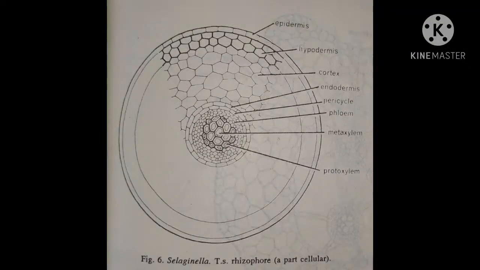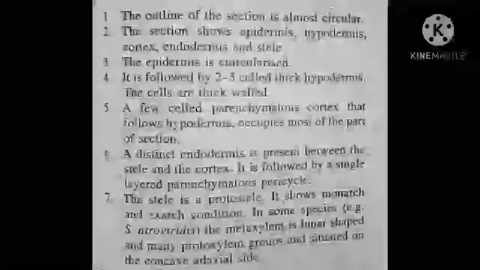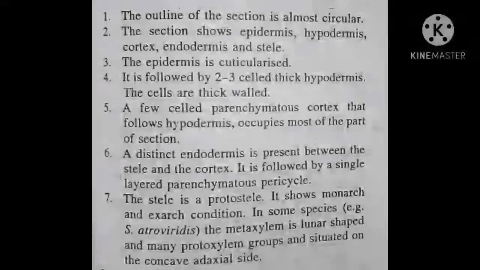Now we'll see the anatomy of the rhizophore. The rhizophore is a root-like or thread-like structure produced from the stem in the downward direction, and later on it is converted into the root. The outline of the section is circular. The section shows from outside to center a single-layer epidermis, 2 to 3 layers of sclerenchymatous hypodermis, and parenchymatous cortex.